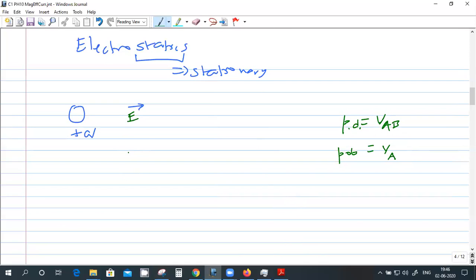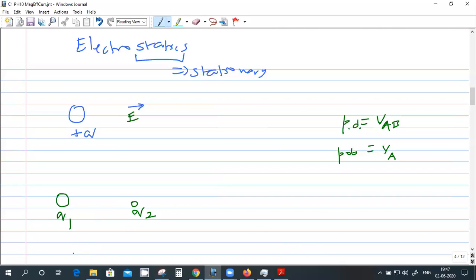How is electric field defined? Before that, if you have two charges, say Q1 and Q2, what is the force between them?